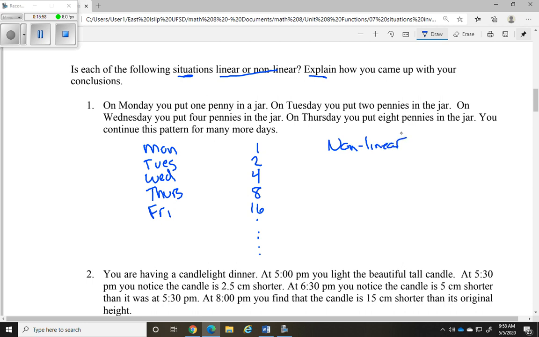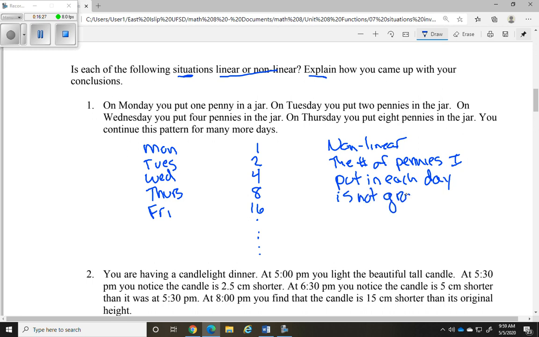And it's non-linear because the number of pennies that I put in each day is not constant. The number of pennies I put in each day is not growing at a constant rate.